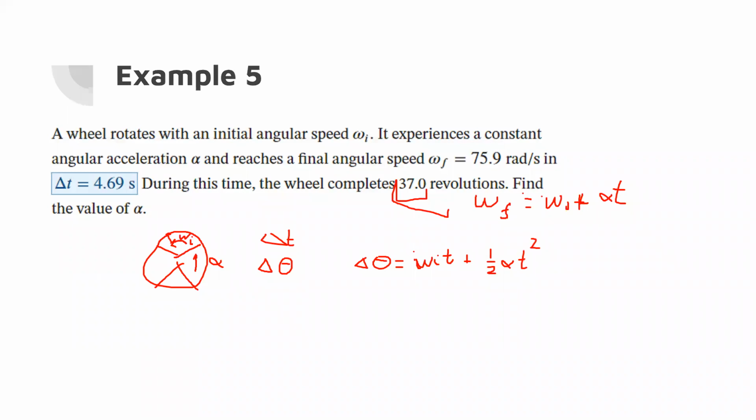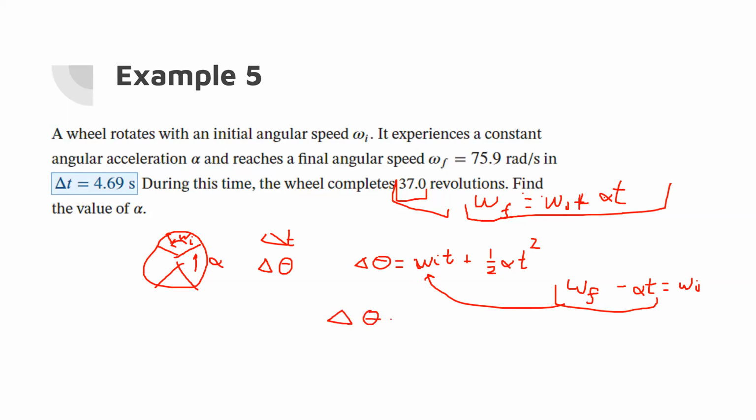I want to solve for alpha, and so I'm going to try and eliminate omega initial, and probably the easiest way to do that is to take this equation here and solve for omega initial. Doing that, I get omega final minus alpha t is equal to omega initial.